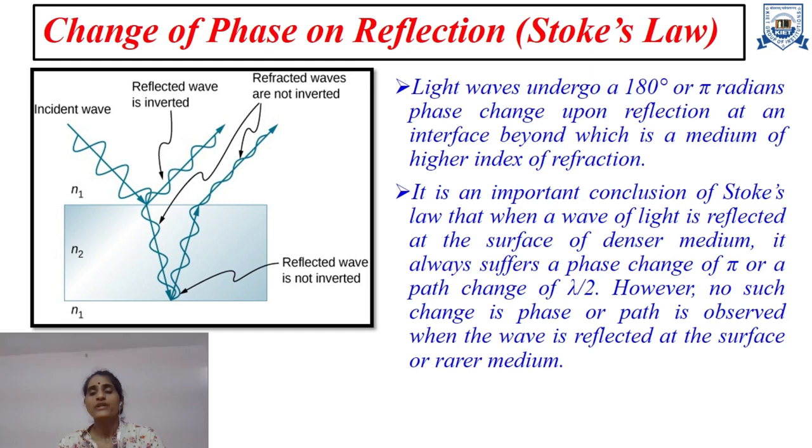So the important conclusion of Stokes law is that when a wave of light is reflected at the surface of a denser medium, it always suffers a phase change of pi or a path change of lambda by 2. However, no such change in phase or path is observed when the wave is reflected at the lowermost point of the denser medium surface. There we don't observe any change in the phase. So this is your Stokes law.